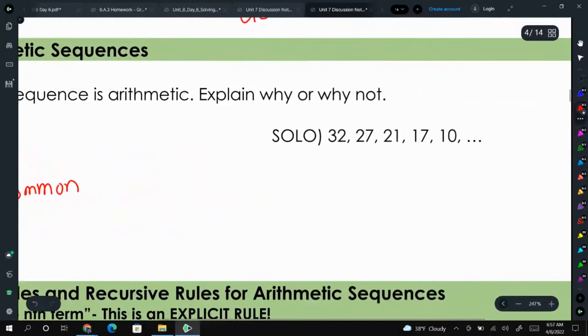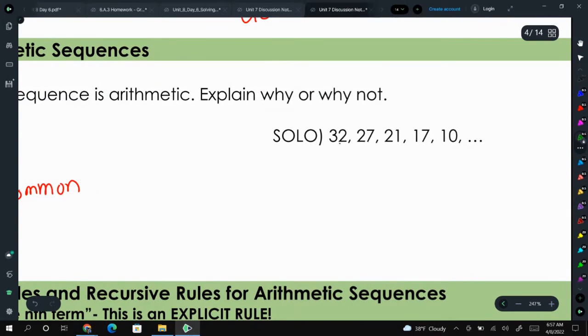If we look at this, all right, if I start at 32 and go down to 27, that is subtracting 5. If I go down here, 27 minus 6 is 21. Those are not the same.